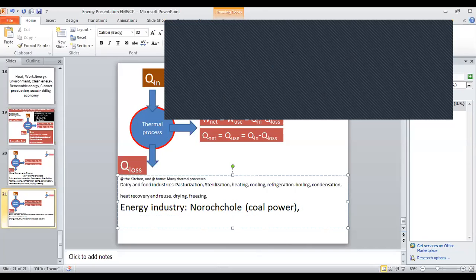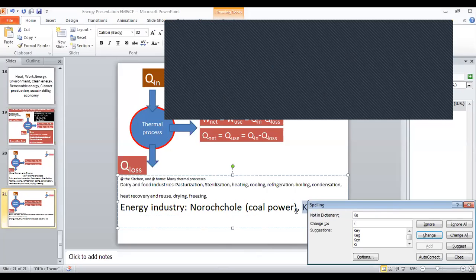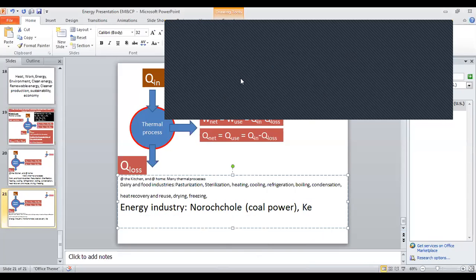Then you have heard about another plant these days in the news. Lakdana they call. What power is that one? Diesel power plant.